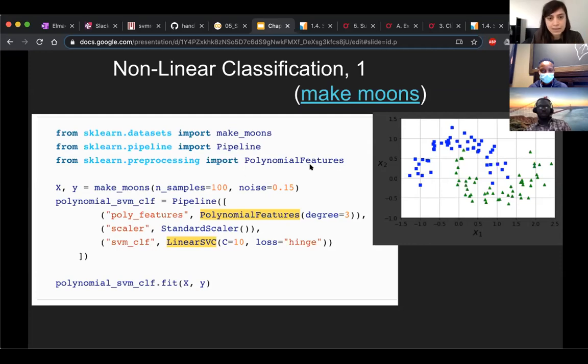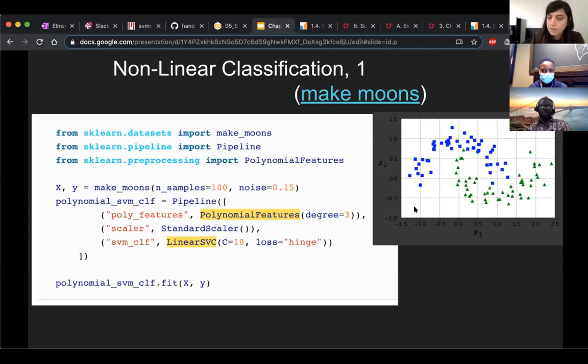So this is basically the same. Now, we are defining our data as make_moons, which we just imported, and we're defining that we only need 100 samples, and adding some noise to it, and here it is. So you can see what it looks like.